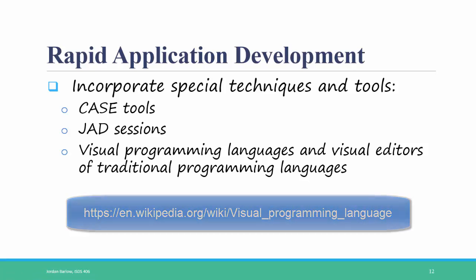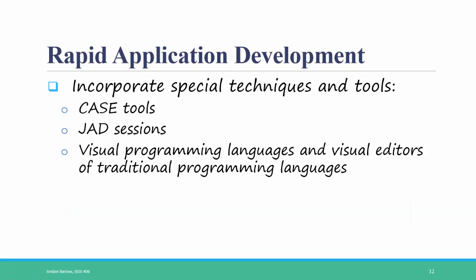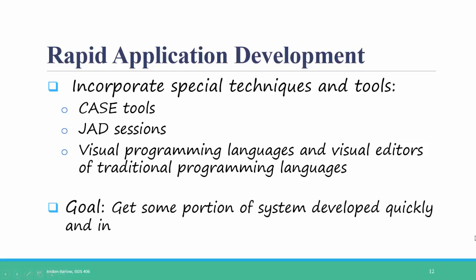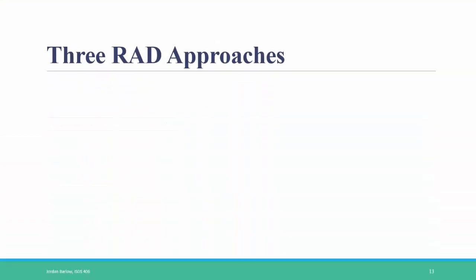Visual editors of traditional programming languages are software packages like Microsoft Visual Studio or the open source NetBeans or Eclipse. All of these things help developers to get some portion of the system developed more quickly and in the user's hands. Here are three rapid application development approaches.